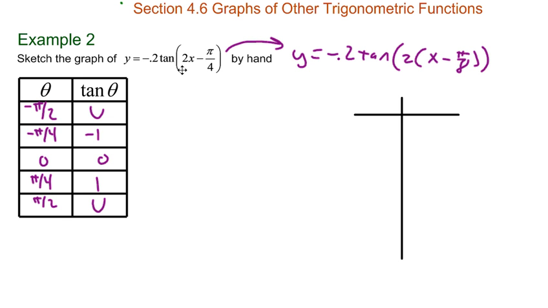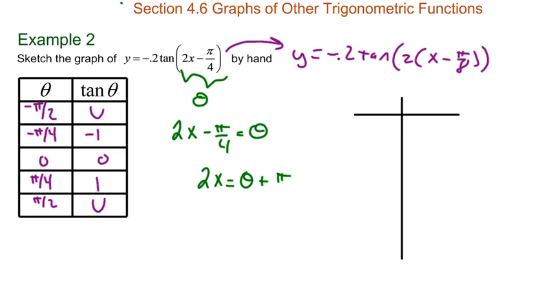Watch this, okay? Just like we did with the last problem, I'm going to take this expression right here and set it equal to theta. So 2x minus pi over 4 equals theta. Basically, let's solve for x, and that's how we're going to get our new x values. I'm going to add pi over 4 to both sides, so we get theta plus pi over 4.